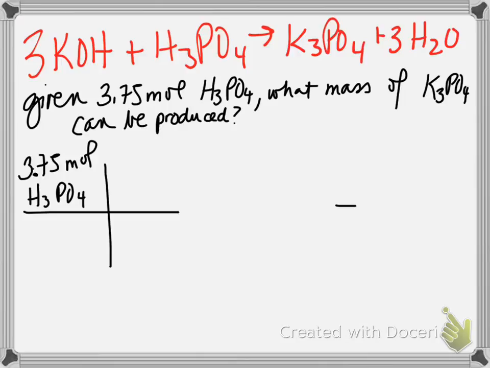Now, it's always helpful to think about where we want to end up. Where do we want to end up? Grams of potassium phosphate. So, that just gives us a roadmap when we get towards the end. What units and what chemical have to go in this next box down on the bottom?